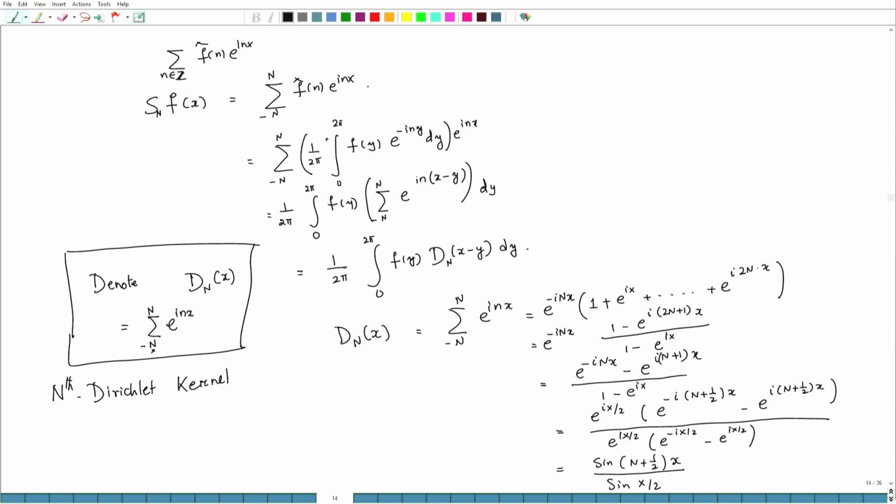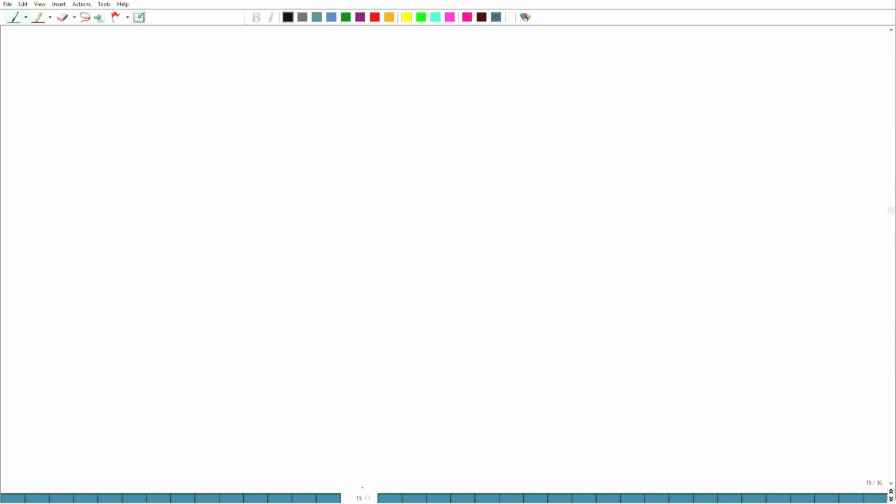Now, to see certain properties, what happens? Now, limit x goes to 0 of sin (n plus 1/2) x by sin x by 2. Now, we know that limit of sin x by x as x goes to 0 is 1.